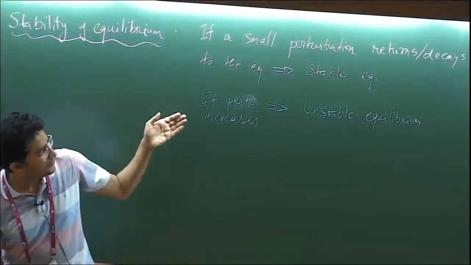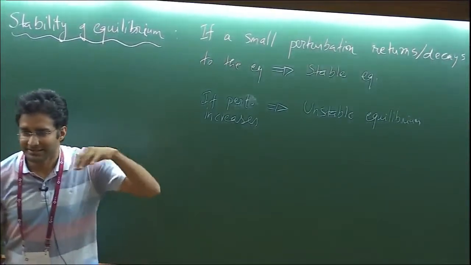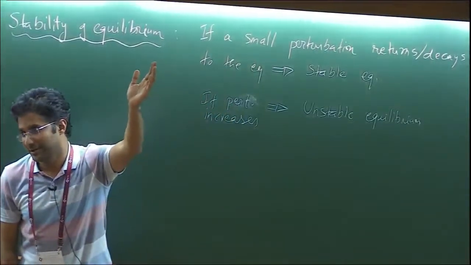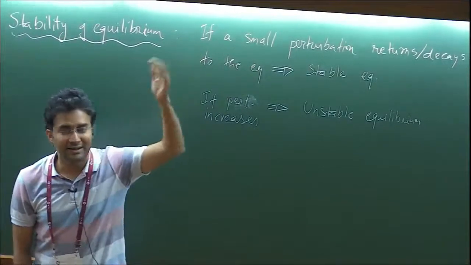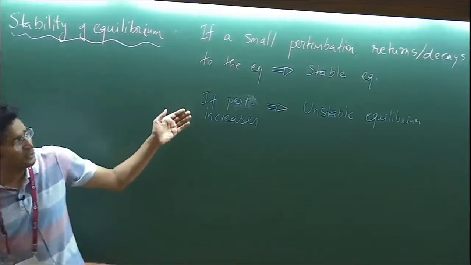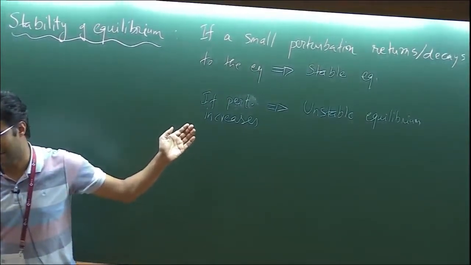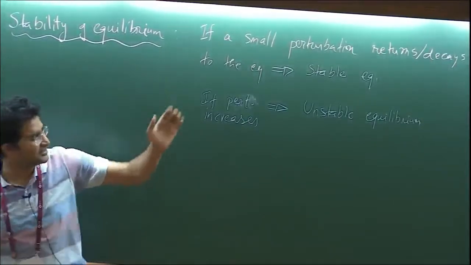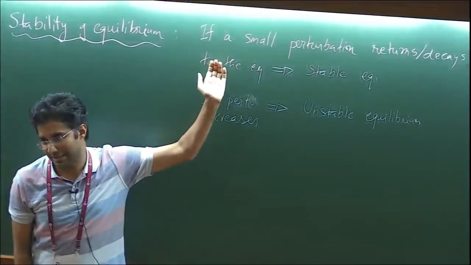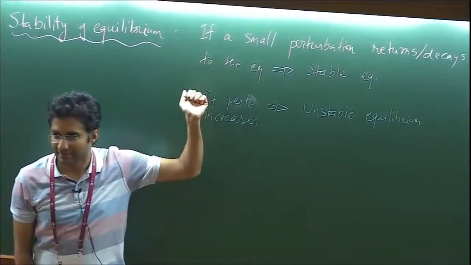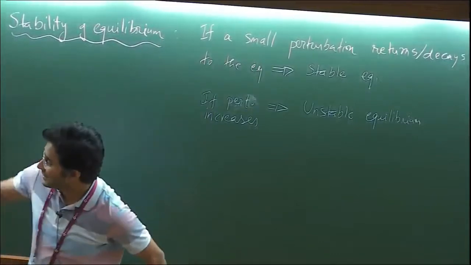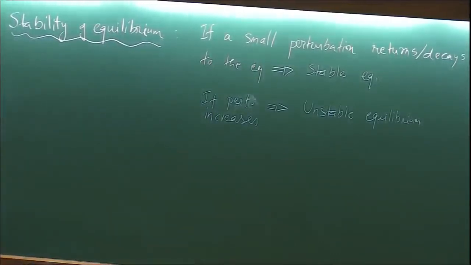Because even if you did start at an unstable equilibrium, some perturbation that happened would have pushed it away. So clearly you are unlikely to find a system in an unstable equilibrium. And if there is some other stable equilibrium somewhere else, it may actually end up being there. Does it make sense? All of you agree on that? Therefore, at least in the model settings, it's useful to know which equilibria are stable and which are unstable.